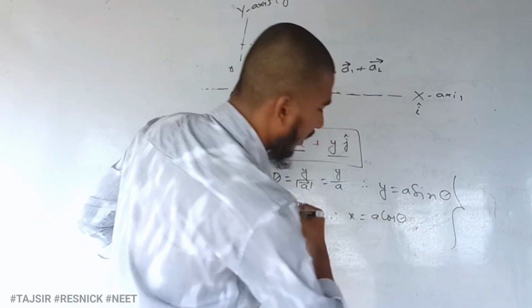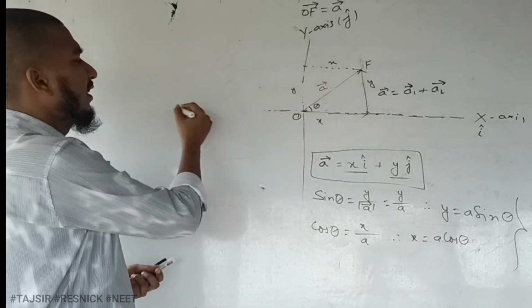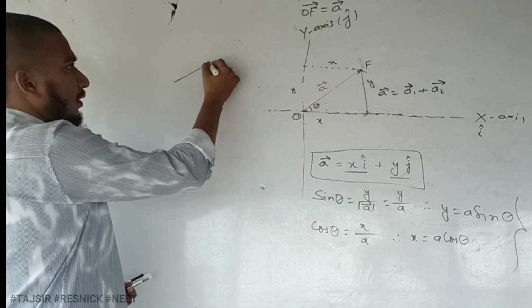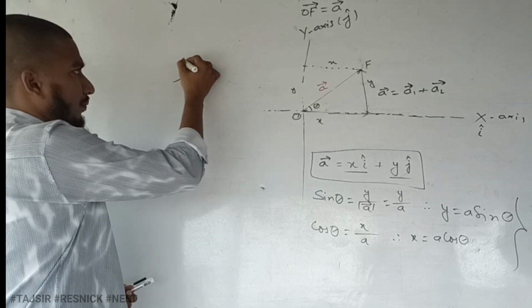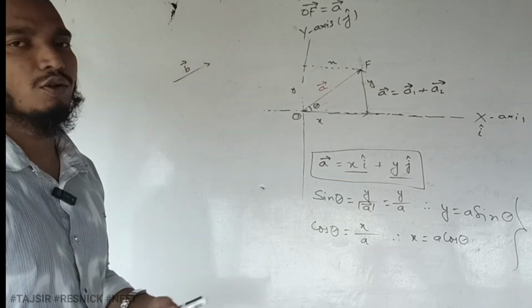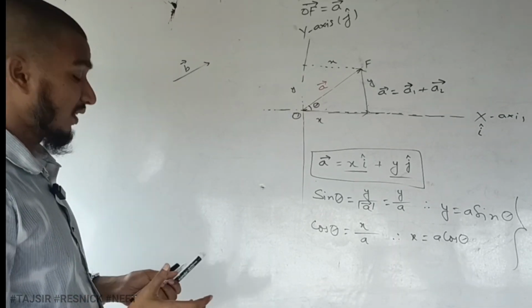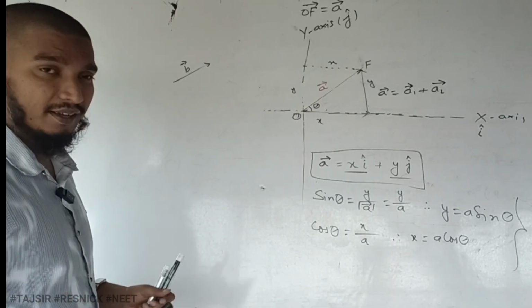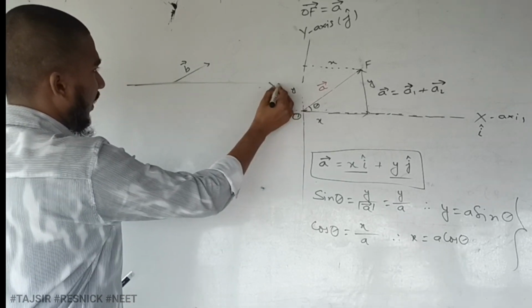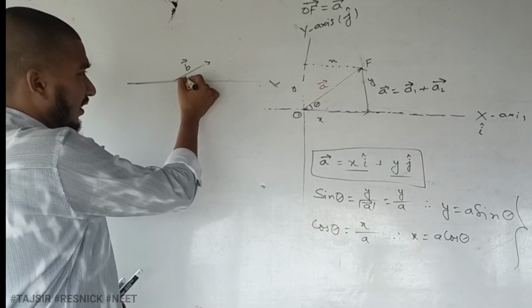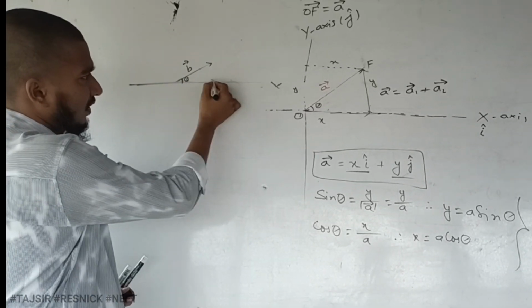So if we have any vector, say this is our vector and this is a vector named B, then we want to resolve this vector. There must be some angle made with x axis, and let this be x axis and this is angle theta.